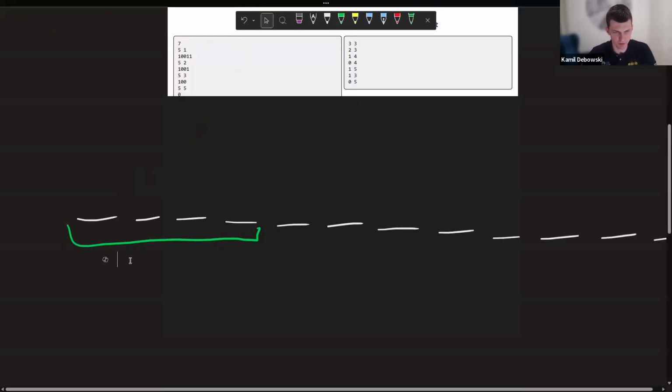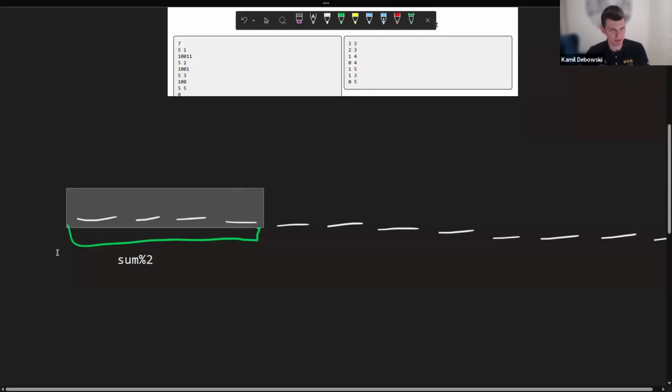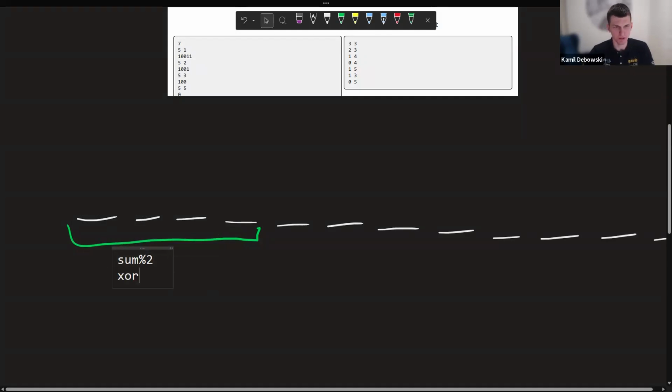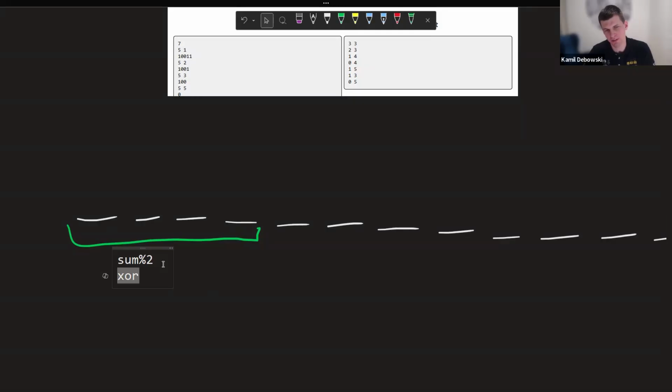Equivalently, we know the sum modulo 2 of this range, the sum of bits 0 or 1. Even equivalently, it's XOR. It's not needed to think about bits this way, but while solving this problem, I prefer to think about it as XOR of bits rather than the sum modulo 2. But you do you. Sum is also good.